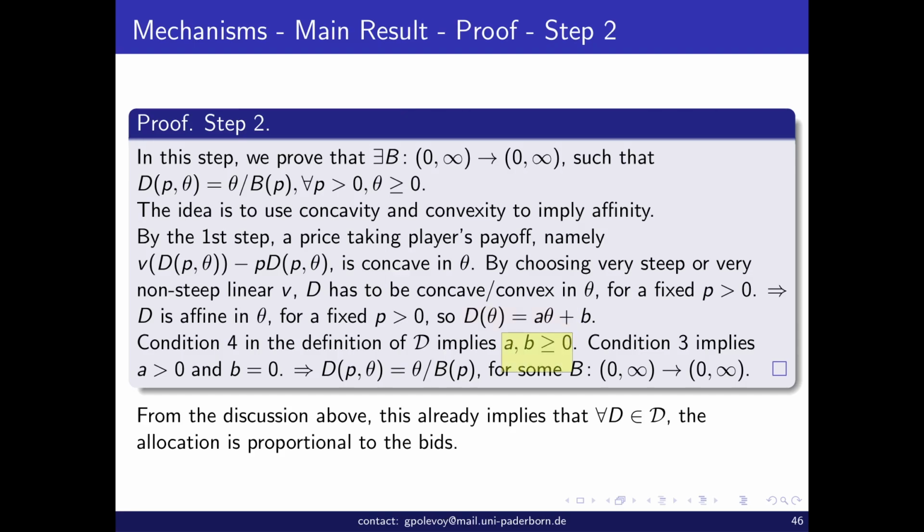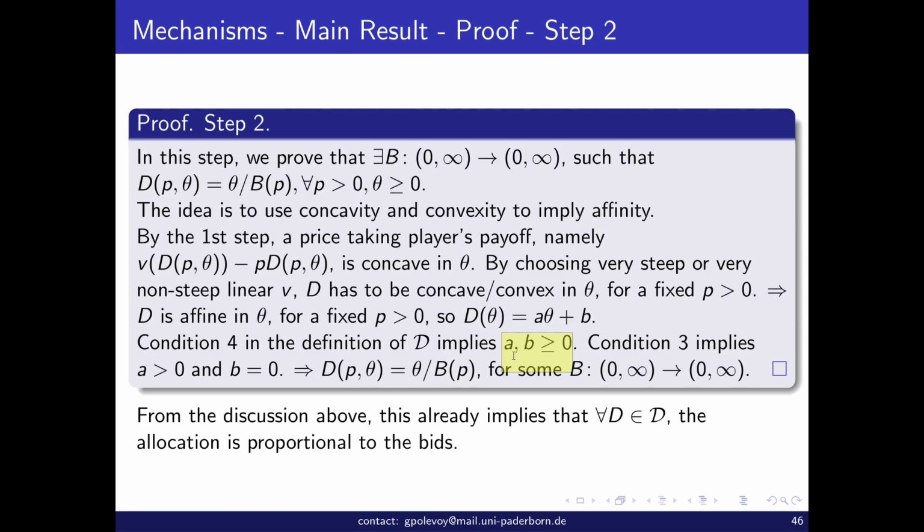Condition 3 tells that for any price, we can get any result by bidding appropriately. What it tells us is that first A has to be strictly positive, because if A was negative, we would not be able to... excuse me, A cannot be negative.